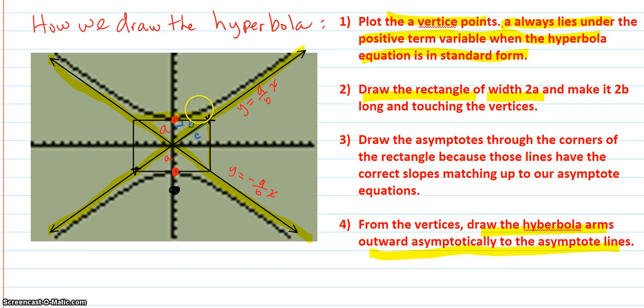So you're going to have this picture here with the crossing asymptotes, and you're going to have your vertice, and you're just going to trace out there, put a little arrow on there, go out here approaching the line, put an arrow on it, go out here approaching the line, and go out here approaching the line and put an arrow on it. That's how you're going to draw the hyperbola. So the next video shows, for a specific example, how we do it.